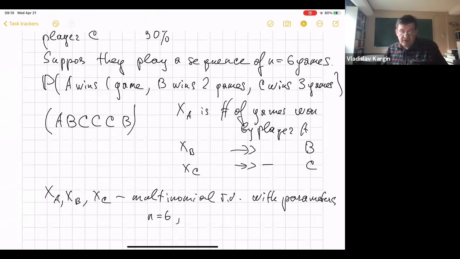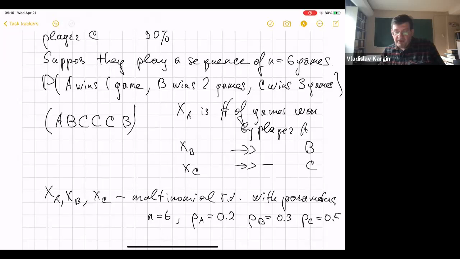And the other parameters: PA is equal to 20%, PB is equal to 30%, and PC is equal to 50%. In one particular game, with probability 20% player A wins, with probability 30% player B wins, and with probability 50% player C wins.